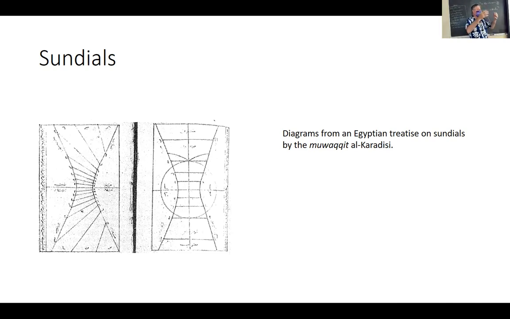So he had to know exactly when to call the faithful to prayer. I believe this is the sundial for Cairo. What the sundial looks like depends on the latitude. And this is a generic sundial, explaining how to make it.